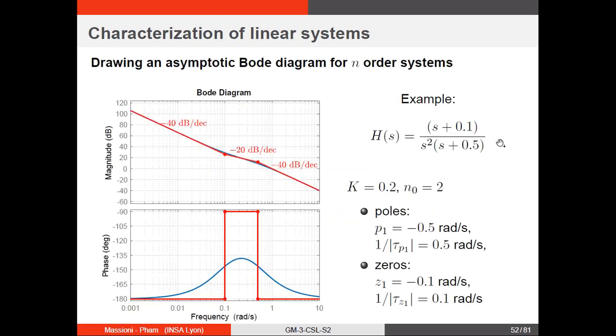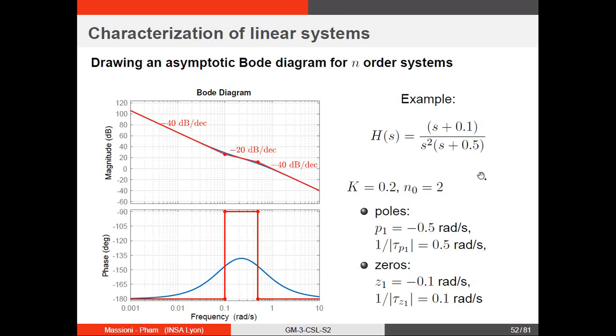And what are we left with? We are left with a k of 0.2, which is basically, if you factorize this one and divide by 0.5, that's what you are left with. Then what is n naught? N naught is 2, because we have an s to the power 2 at the denominator.